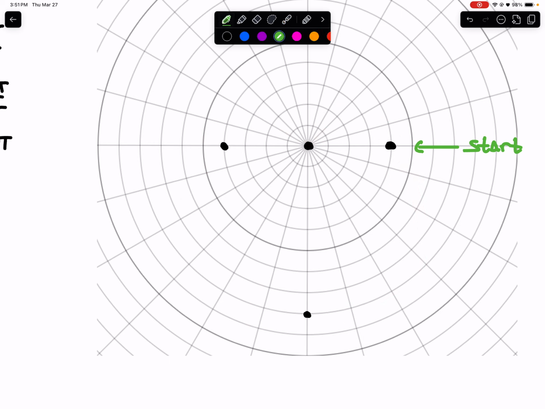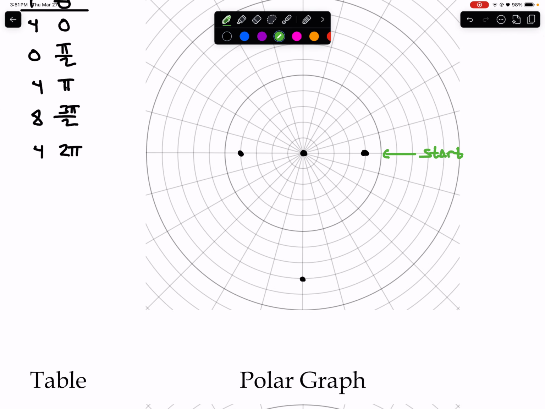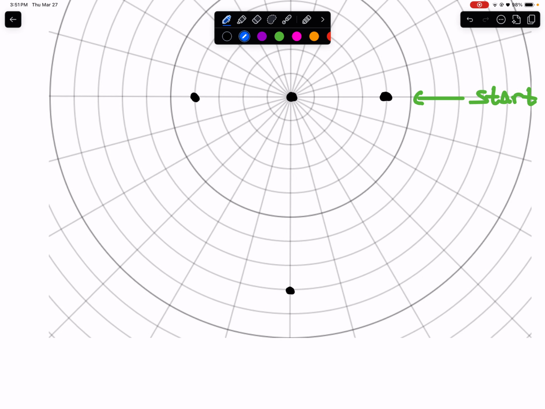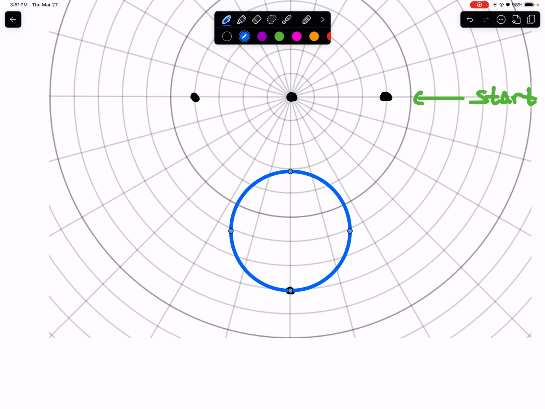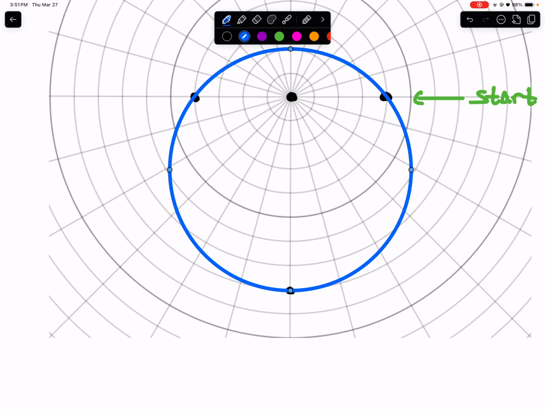So what the graph is going to look like is very circular in shape, but the shape of the graph is actually going to give it more of a heart shape. The way that I like to draw this is I like to draw a circle, put the bottom part of that circle on that lower point, and then raise up this circle so that the circle passes through these two side points over here.